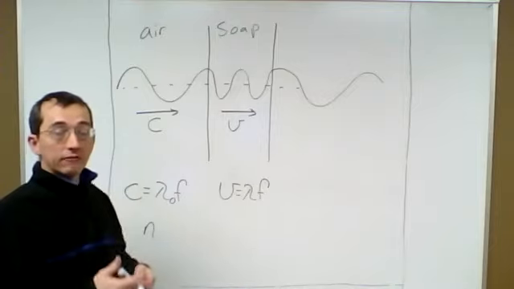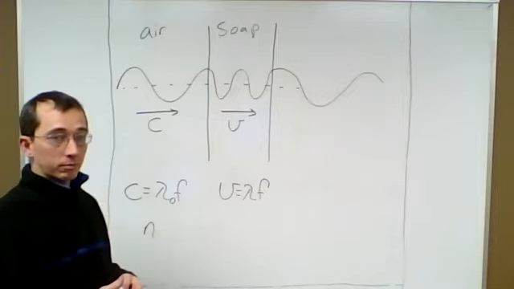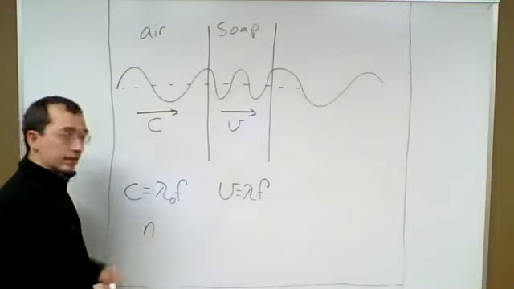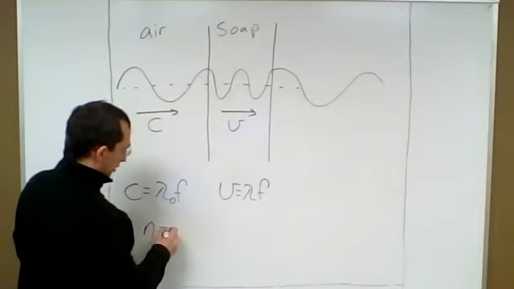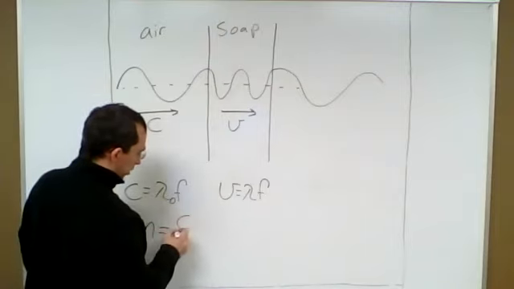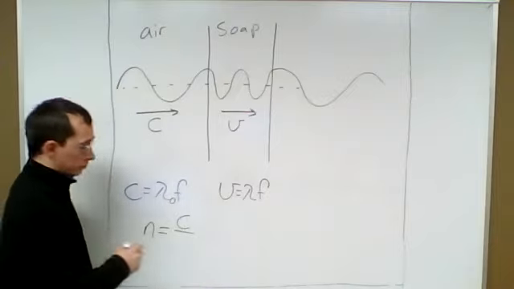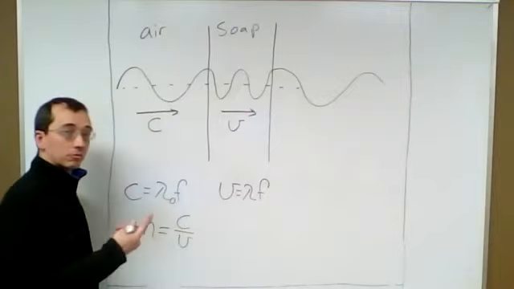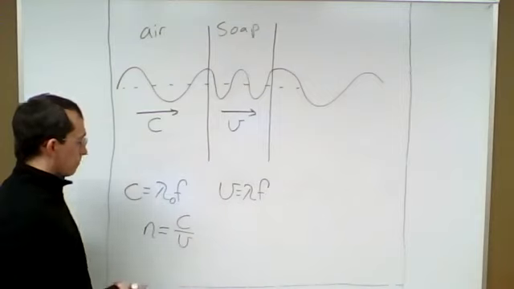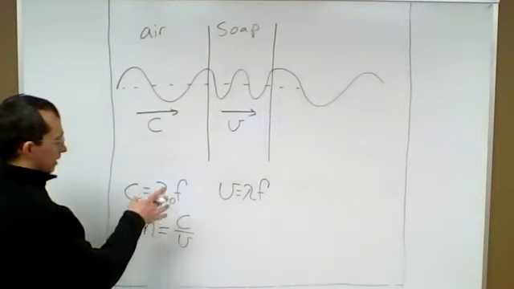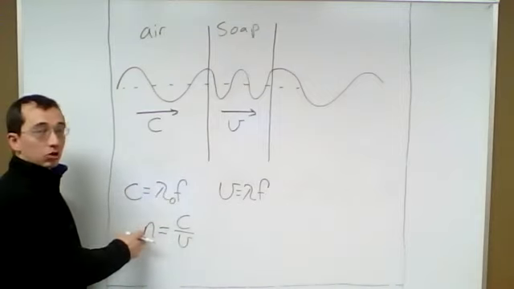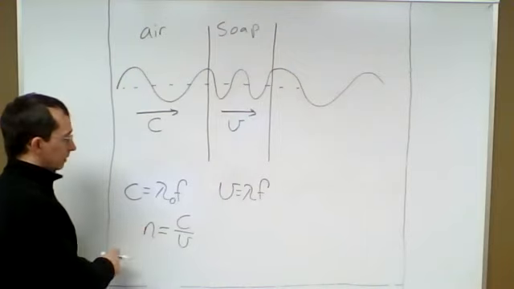And we're going to get into that variable much more when we talk about light later on. But that index of refraction is a ratio of the speed in vacuum over the speed in the material. That's a number that we can look up, or measure for a new material.